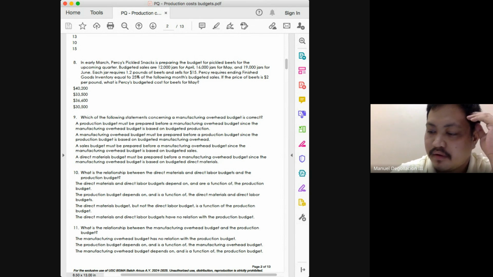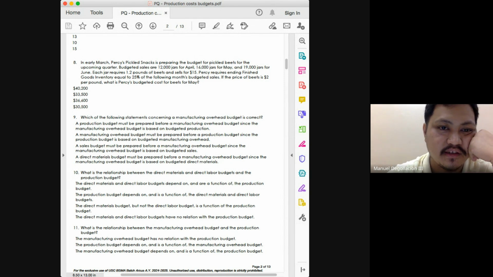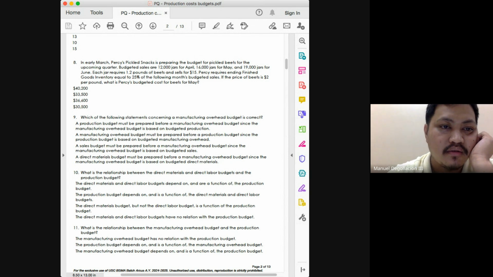So to get our total amount of materials to be purchased, we multiply the 16,750 jars by 1.2, and this would give us 20,100. And that is not in the choices because the 20,100 represents the amount of beets that we need in terms of pounds.